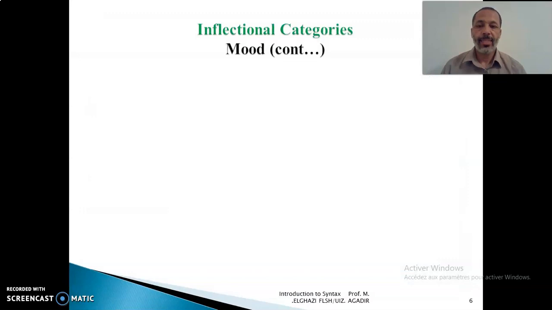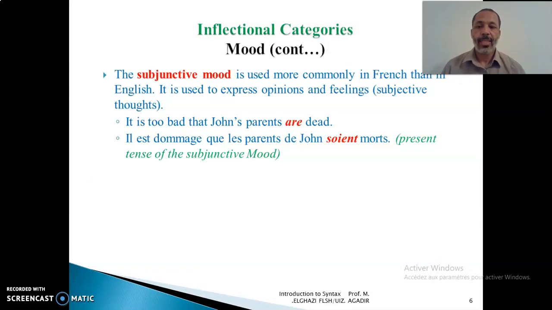The following type of mood is the subjunctive mood, which is used more commonly in French than in English. I mean, in French, it has a morphological mark, whereas in English, it does not have this morphological mark. It is used to express opinions and feelings, or subjective thoughts.